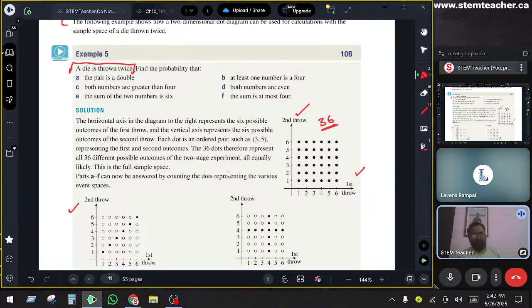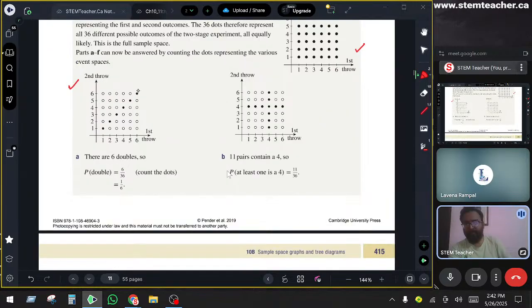It's two the same, like 6 and 6, 5 and 5, 4 and 4, 3 and 3, 2 and 2, 1 and 1. This is the case. How many marked points are there? Total 6. So your probability is 6 by 36, that is 1 by 6.